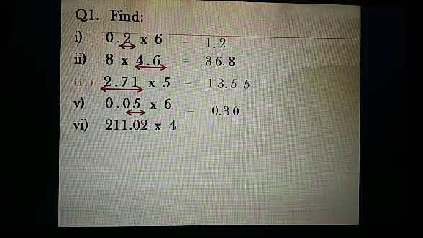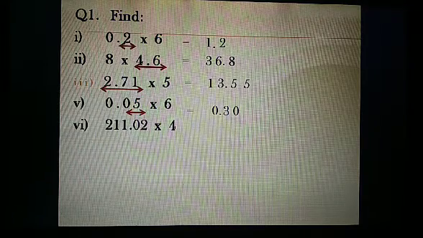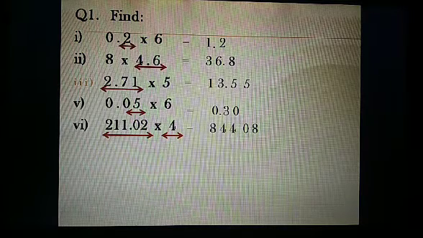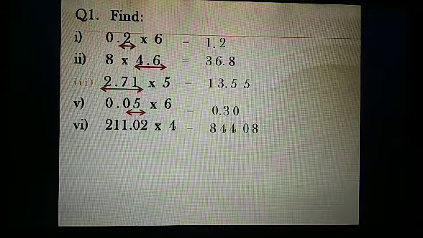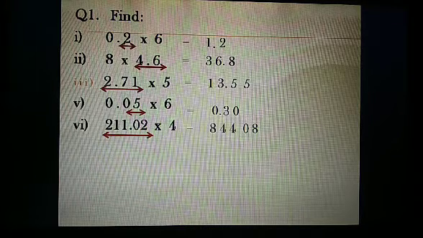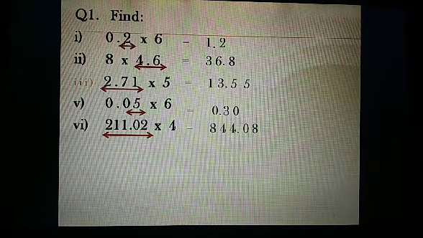Now we multiply 21102 by 4. After multiplying these two, you will get 84408. Decimal number has 2 digits in the decimal part, so put a dot after 2 digits from right.